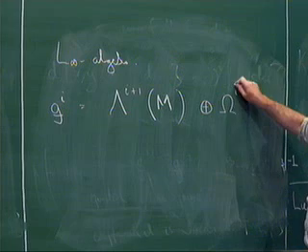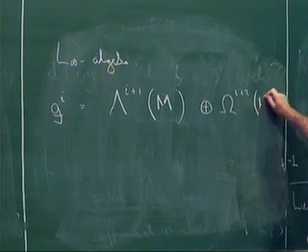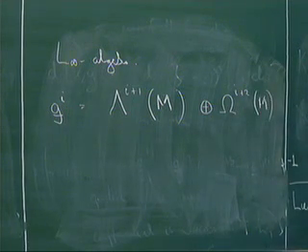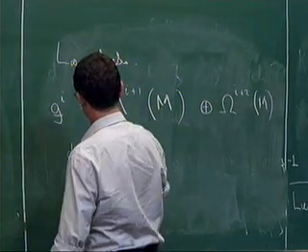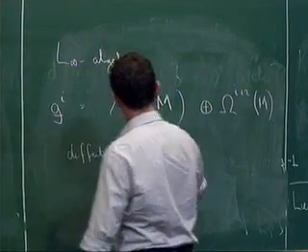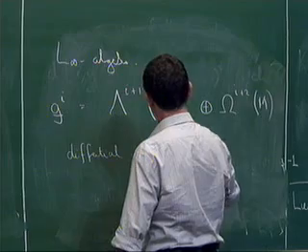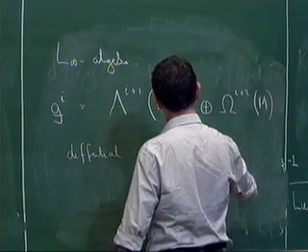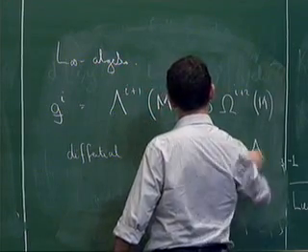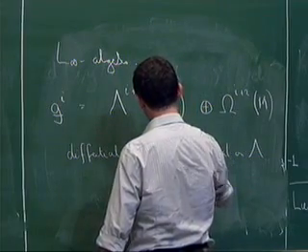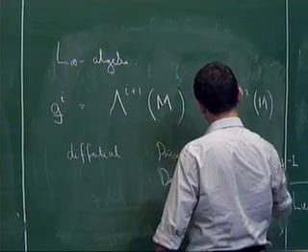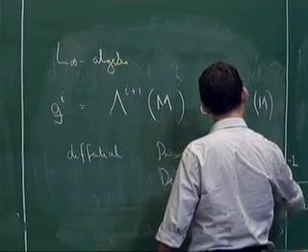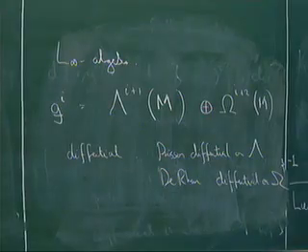And let me add to it the de Rham complex. Okay? And so the differential is the Poisson differential on lambda and the de Rham differential on omega. All right? How about the higher brackets?